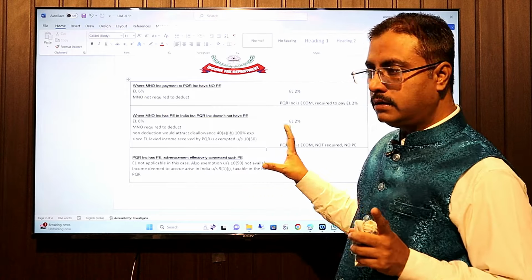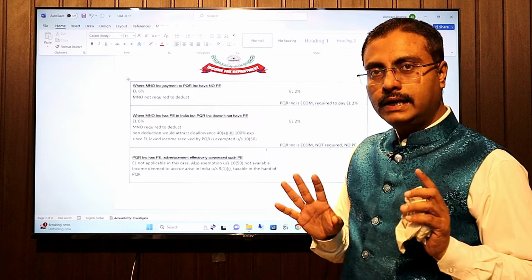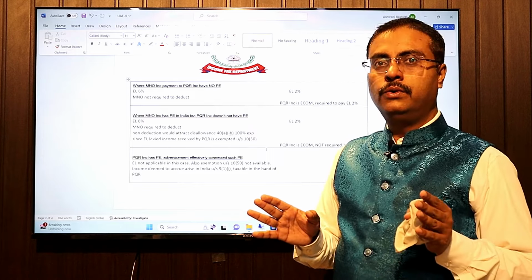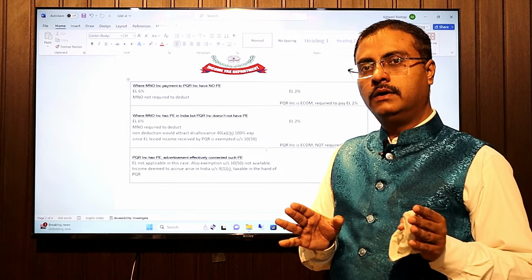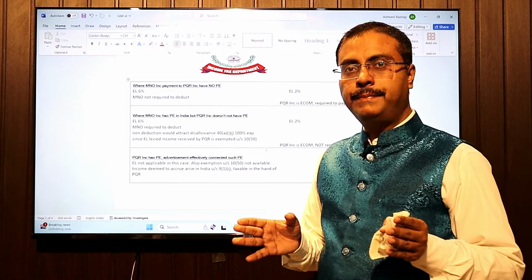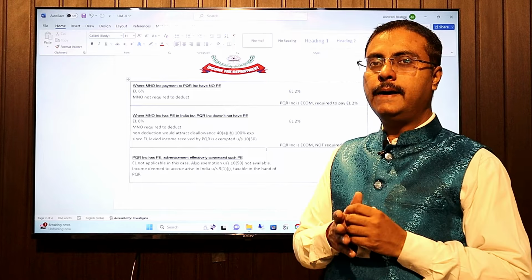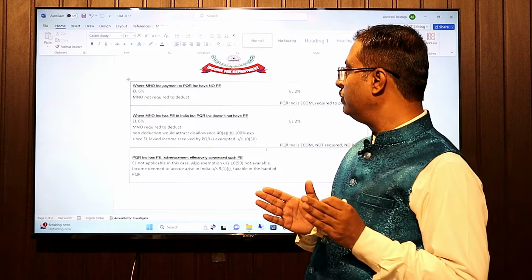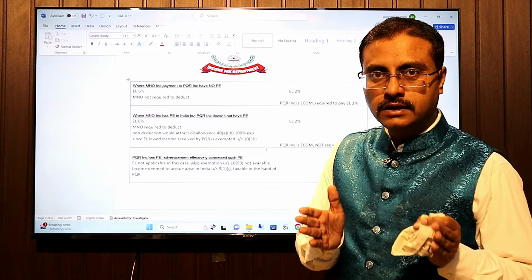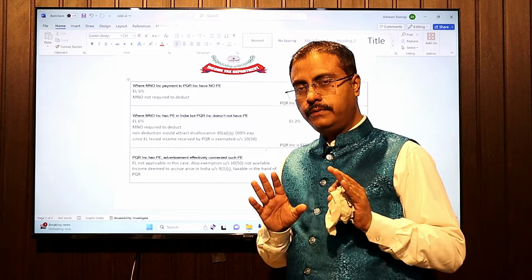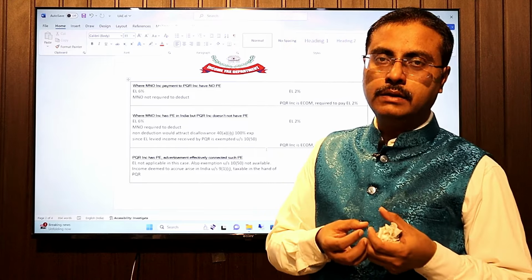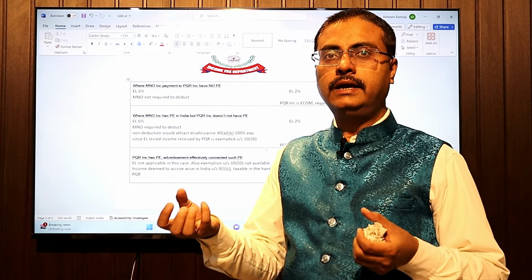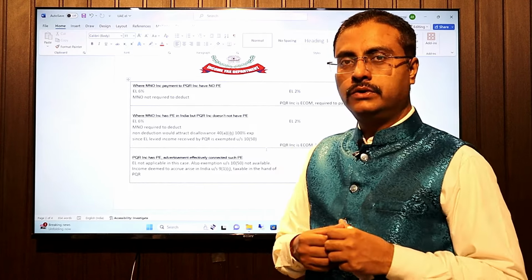So this is our summary for equalization levy 2.0, 1.0, SCP provision, and what the impact would be if you have a PE status in India. So I have covered Explanation 2A, SCP provision, Explanation 3A. Once the domestic provision is applicable, you can take a beneficial provision of DTAA as per Article 7. So thank you guys.